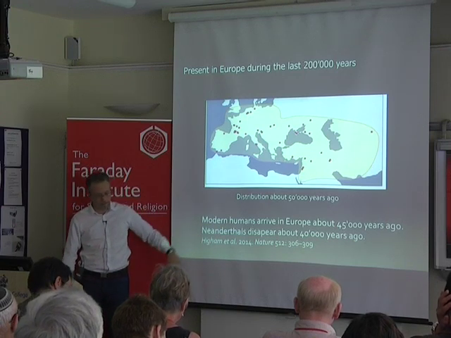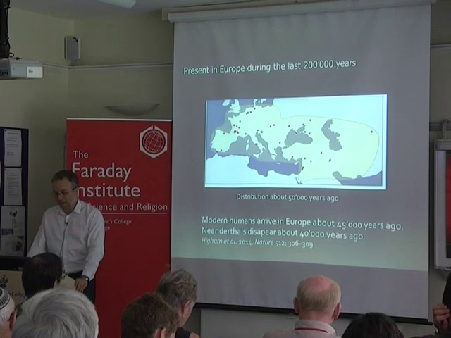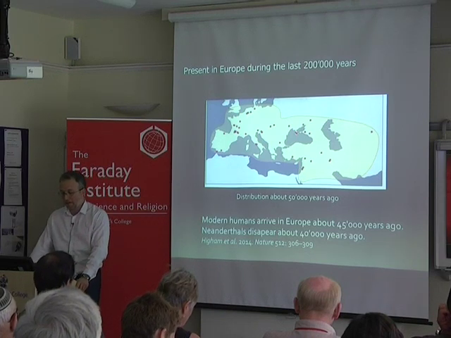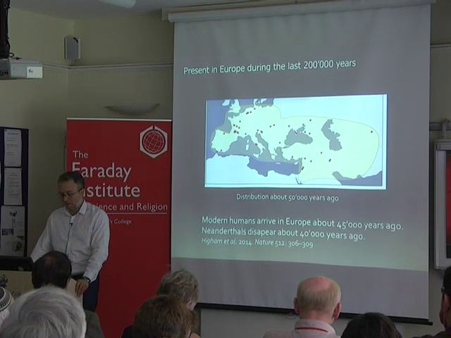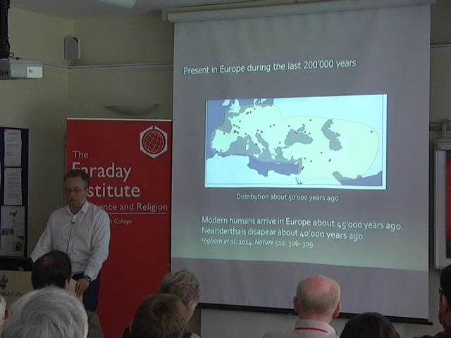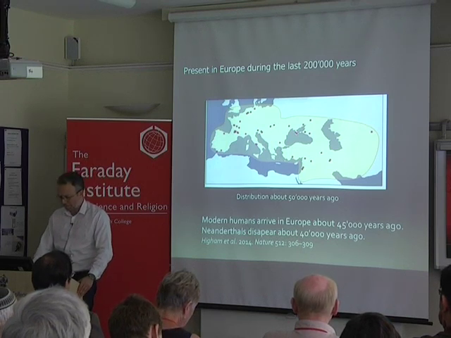It's now apparently clear that they disappeared about 40,000 years ago. So there has been 5,000 years in which we cohabited with Neanderthals in Europe.